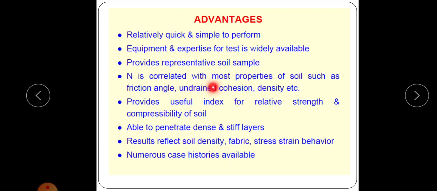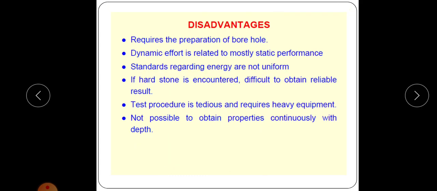And N is correlated with most properties of the soil, such as friction angle, undrained cohesion, density, etc. So it is very applicable and provides a useful index for relative strength and compressibility of soil, and it is able to penetrate dense and stiff layers. And the result of the SPT test reflects soil density, fabric, stress-strain behavior, etc. And numerous case histories are available. So these are the advantages.